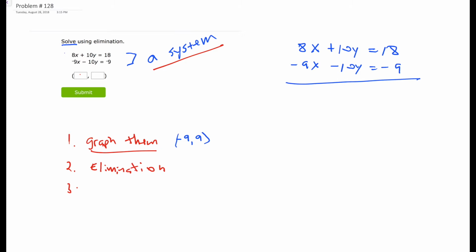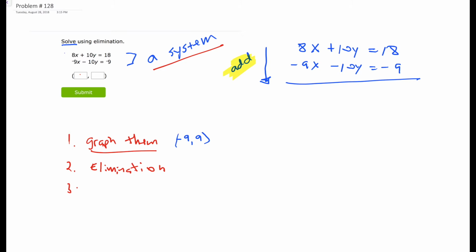By eliminating, you want to add straight down, and you want to make sure that one of the variables, either x or y, wipes out. If it doesn't wipe out, you have to multiply the entire equation by some number that makes it wipe out. This is an easier one because one of them is automatically going to wipe out.